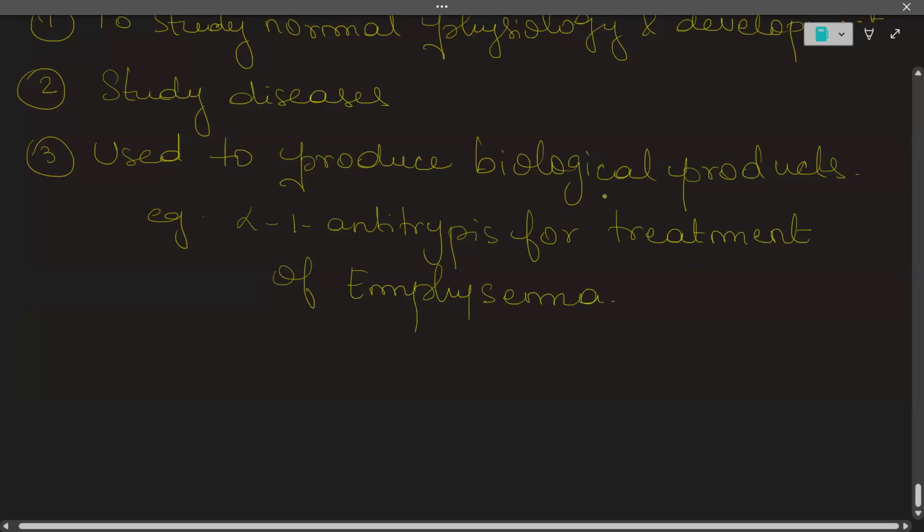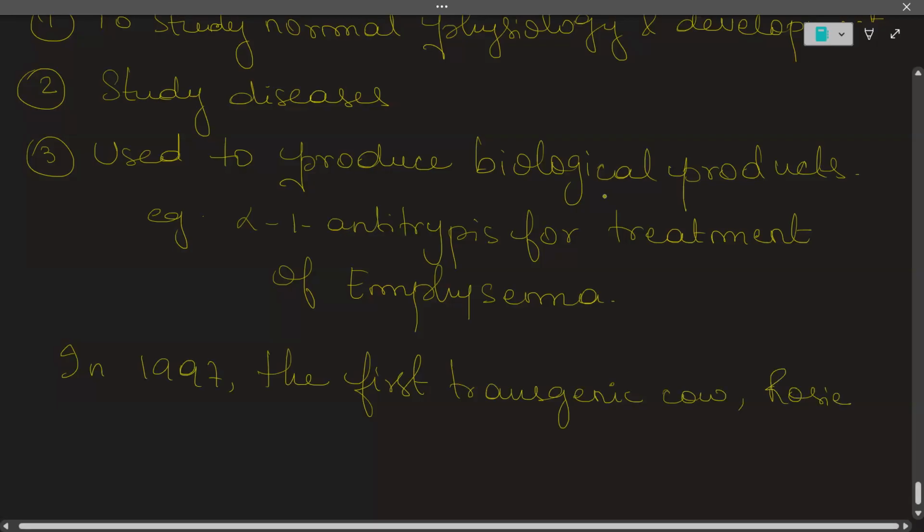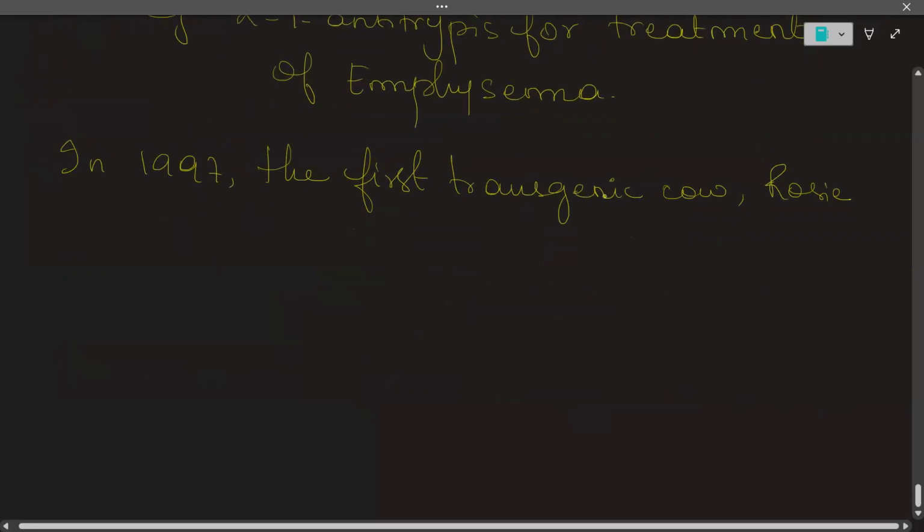In 1997, the first transgenic cow, named Rosie, was made.